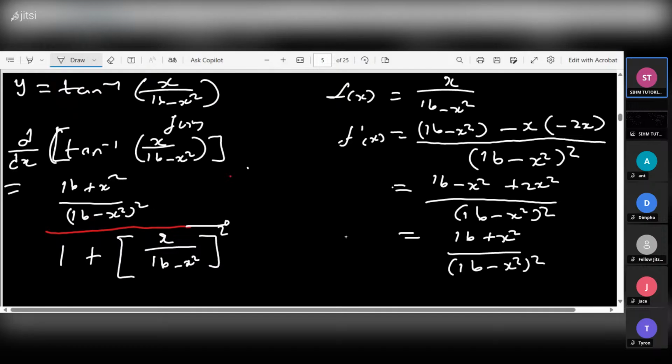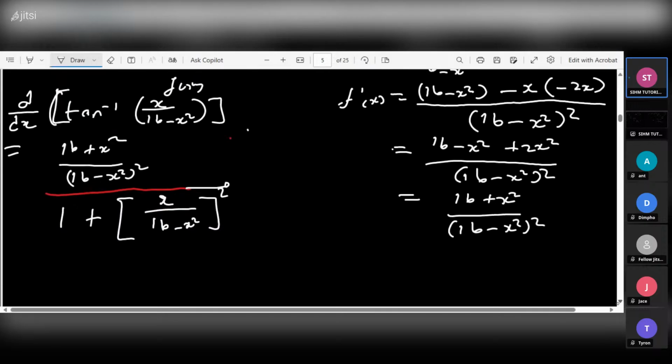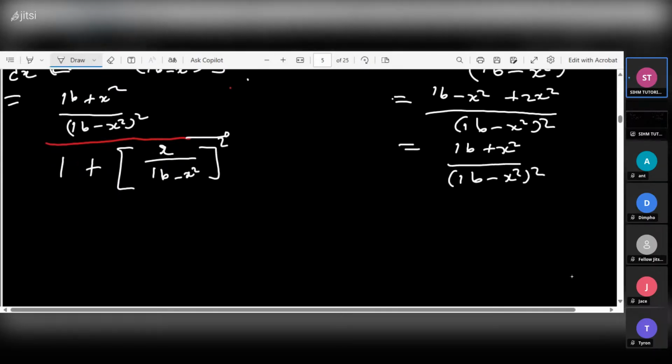So from that point, we can even use the laws of fractions here. We can even take this one down so that it can be easy to simplify this.